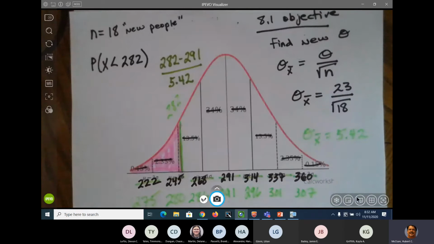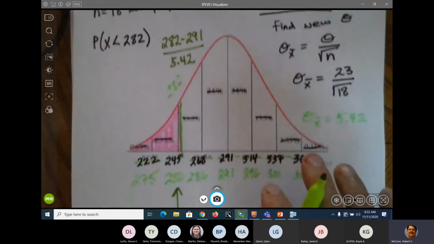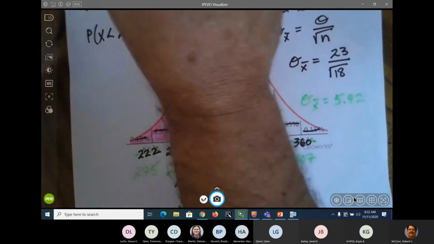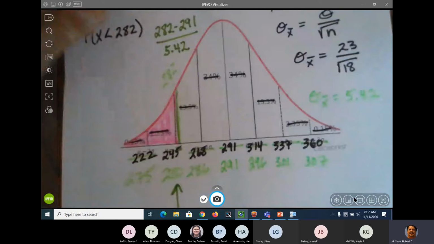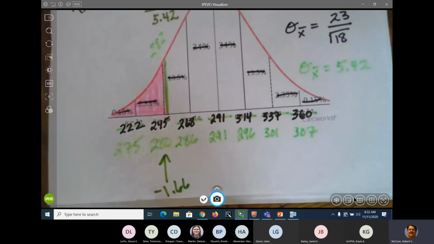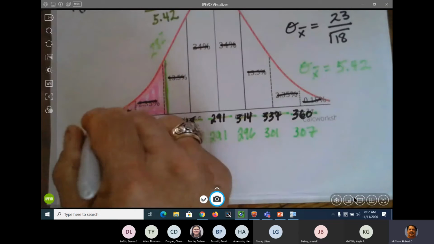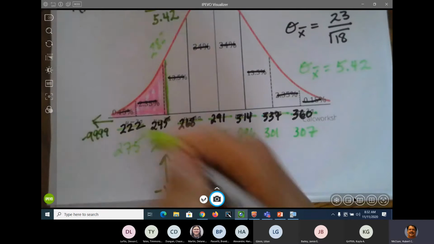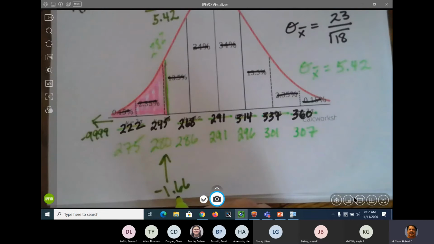So now if you've got an old calculator, you're going to go from negative infinity to negative 1.66.